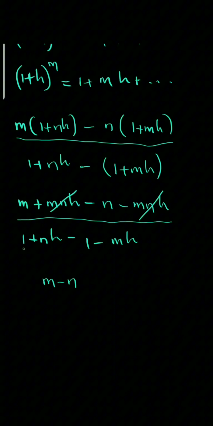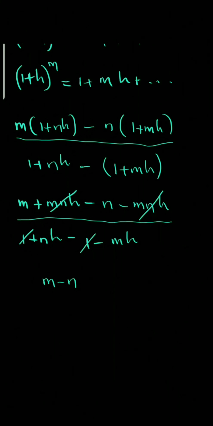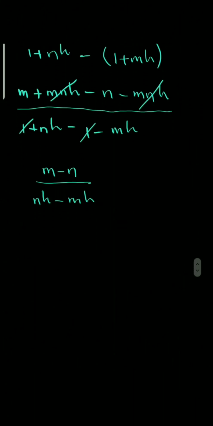With the denominator, 1 and 1 will cancel. You're going to remain with nh minus mh. So you now write this as m minus n over h, which will be factorized. So h will be factorized. You're going to have n minus m.